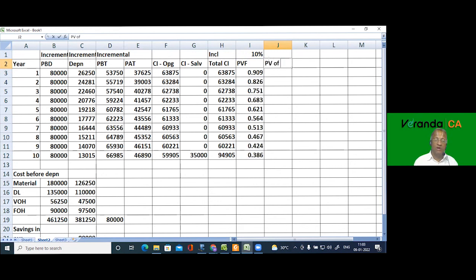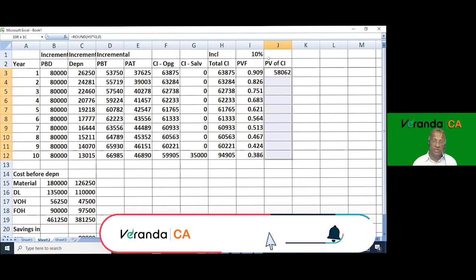Present value of cash inflow is cash inflow into PVF, where I am approximating the numbers to the nearest whole number.